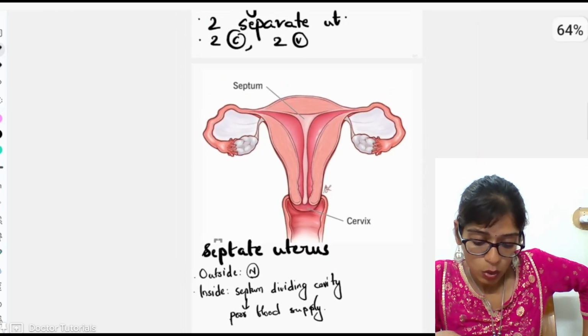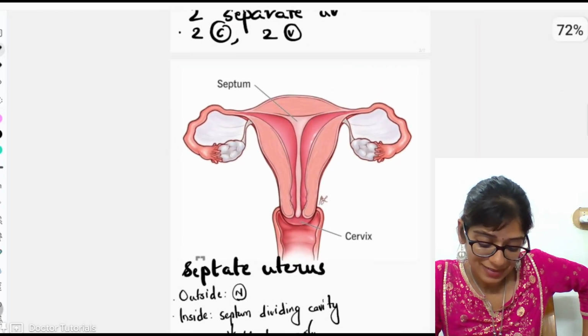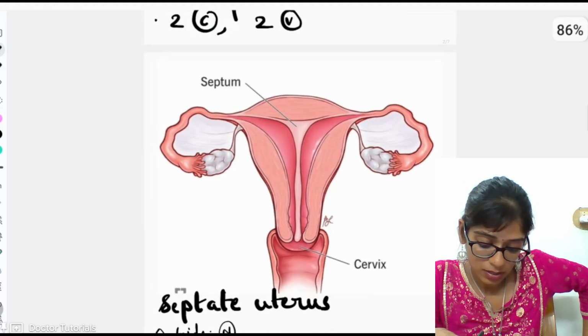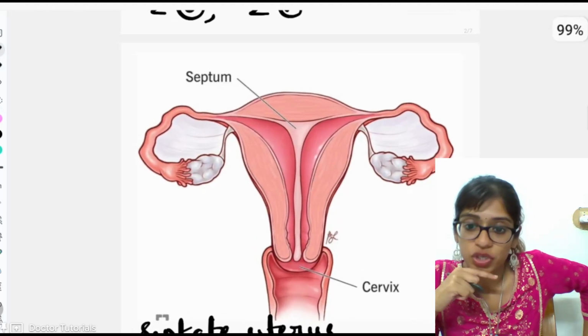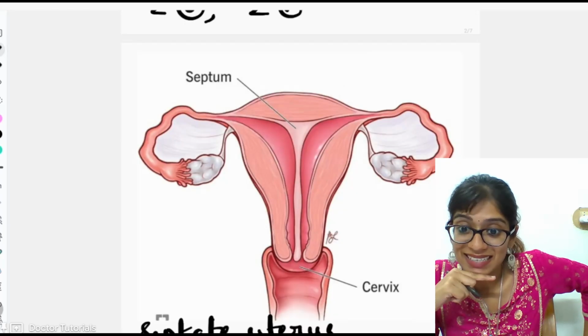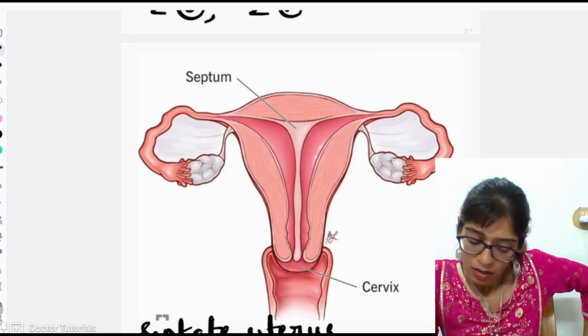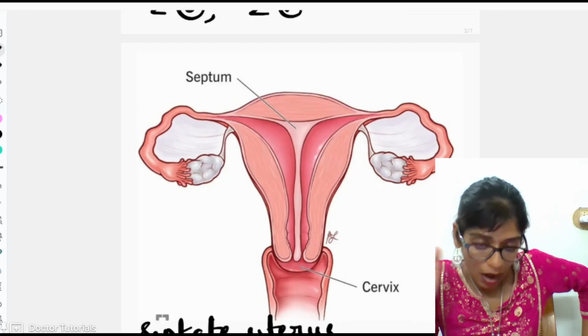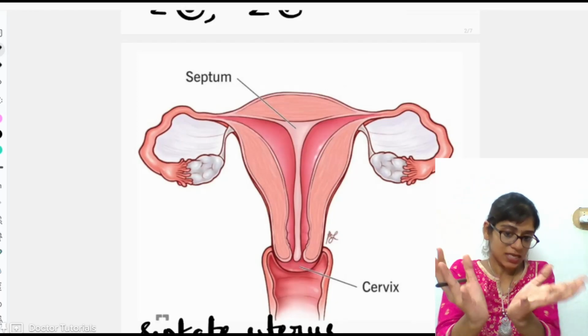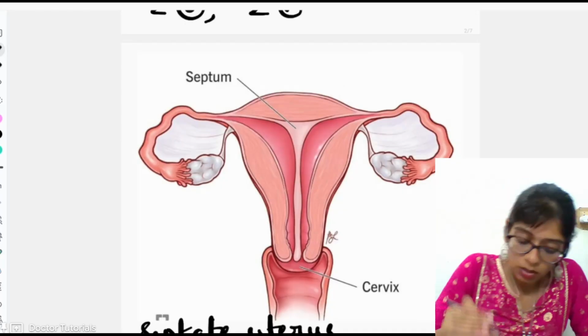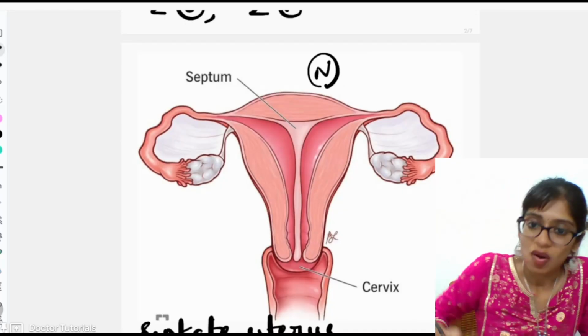Fine. Now look here, this is something called a septate uterus. What is it? Here the concept is very simple. When I see the uterus from outside, grossly, the uterus will be looking normal.